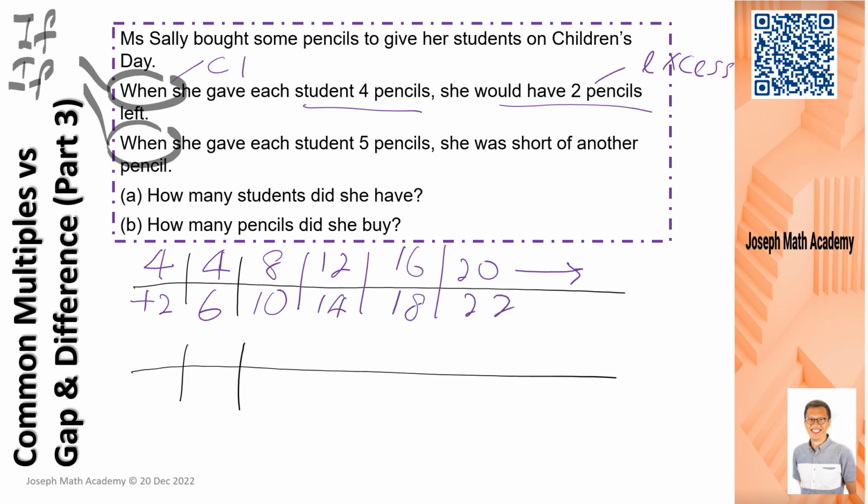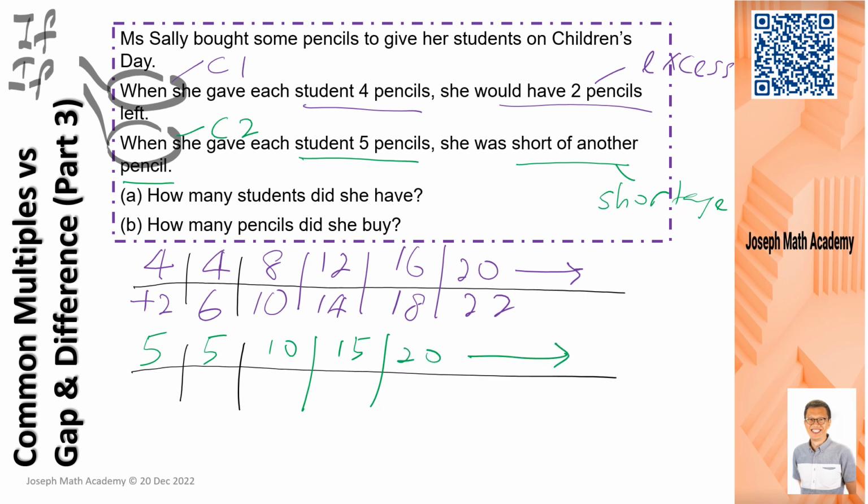Now let's look at case 2, the second when. When she gave each student 5 pencils, she was short of another pencil. So this is shortage. Let's plug in the information. Multiples of 5. Short of 1 pencil, so minus 1. Meaning, if she had 1 student, she wanted to give that student 5 pencils, but she was short of 1.